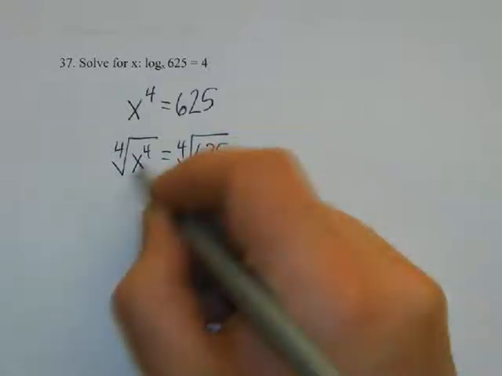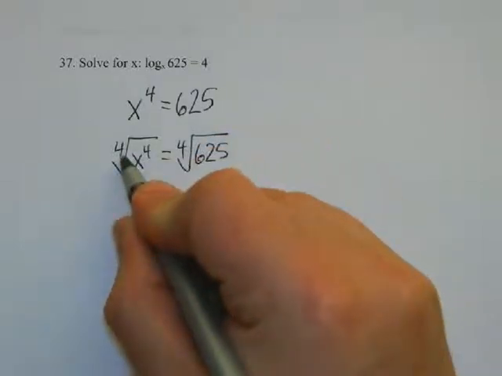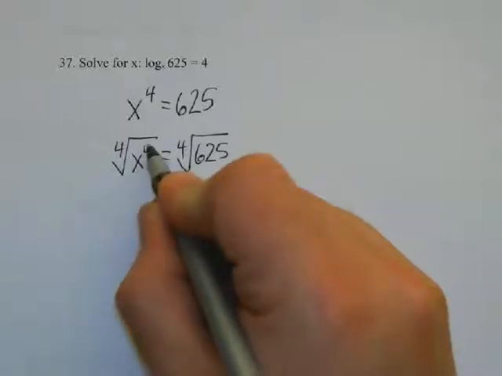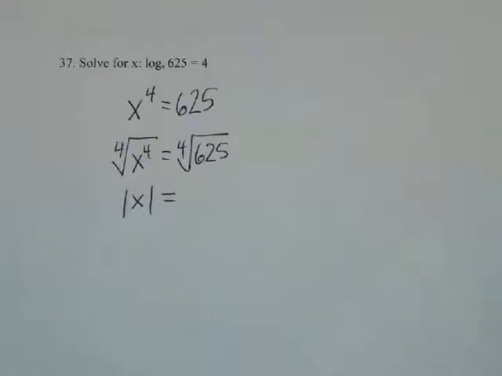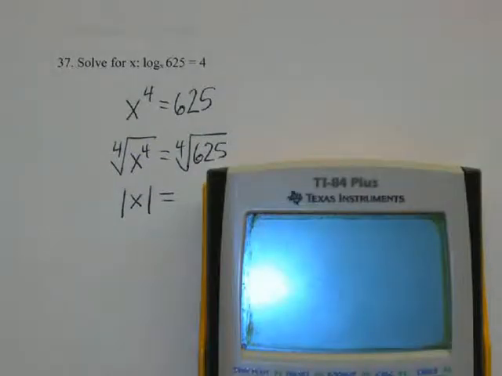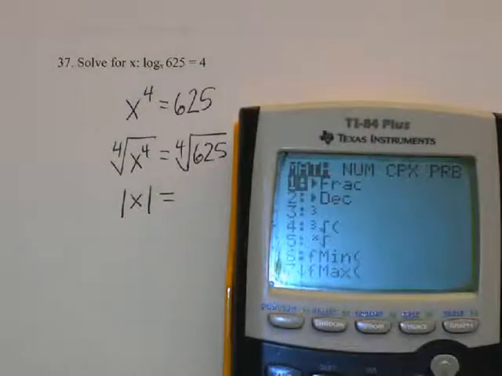Now, anytime we take a fourth root of a fourth power, it's the absolute value of x. Now, on the calculator, to do a fourth root, we have to use the general x root button, number 5. But we have to put the number in first.